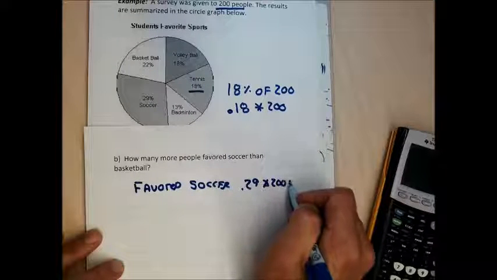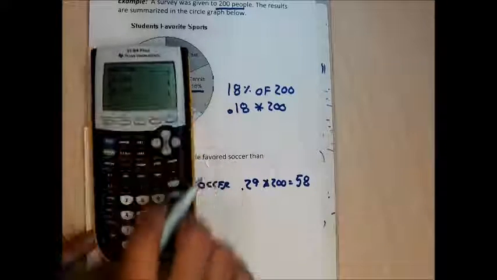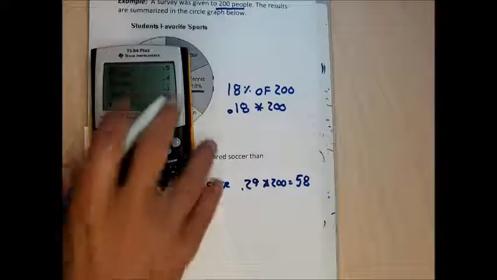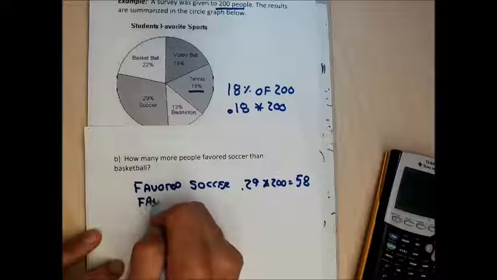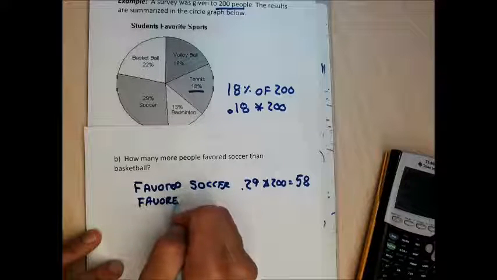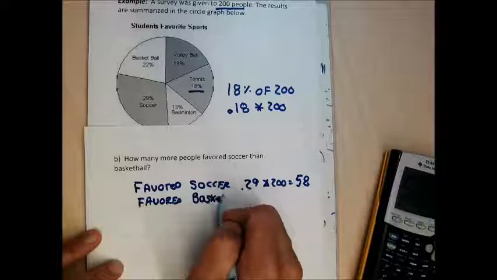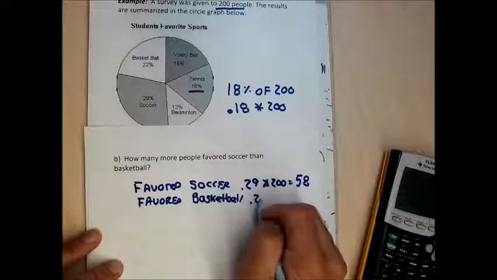If you do this on your calculator, I think you're going to get 58 of the 200 people said their favorite sport was soccer. And then if I want to find out how many people had their favorite sport as basketball, 22% had their favorite sport as basketball.